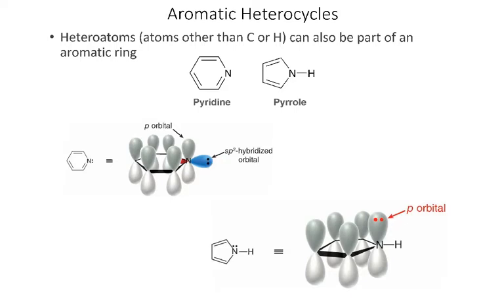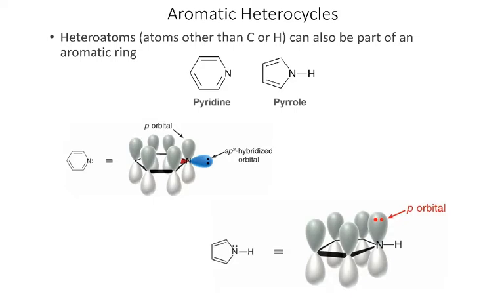It doesn't have the right orientation to be part of the pi electrons. And so this atom does have alternating p orbitals. It has 2, 4, 6 pi electrons, so it meets both criteria for Hückel's rule. So in this case, it is sp2 hybridized, but the lone pair on nitrogen is not involved in the aromaticity, or in the aromatic ring.